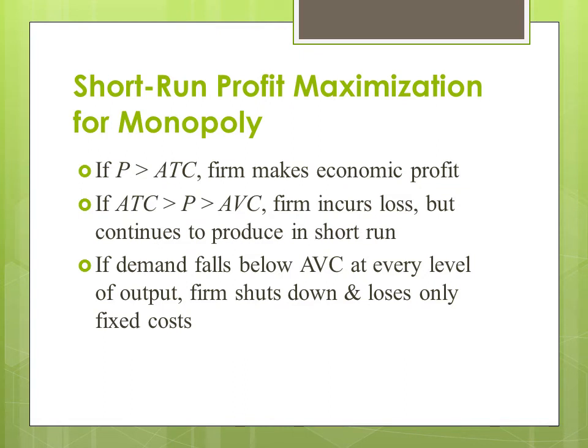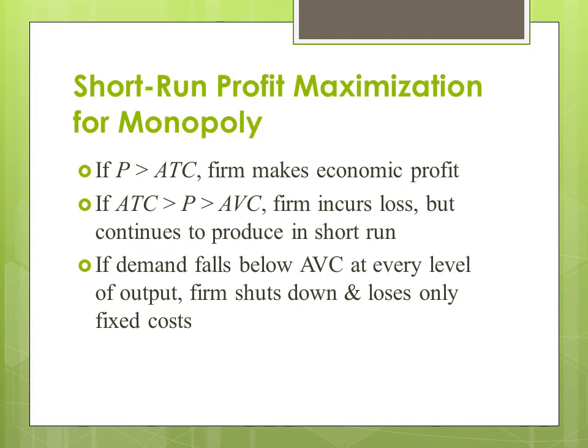So at this point, when average total cost is greater than price and price is greater than average variable cost, here the firm is bearing minimum losses but the firm is producing.